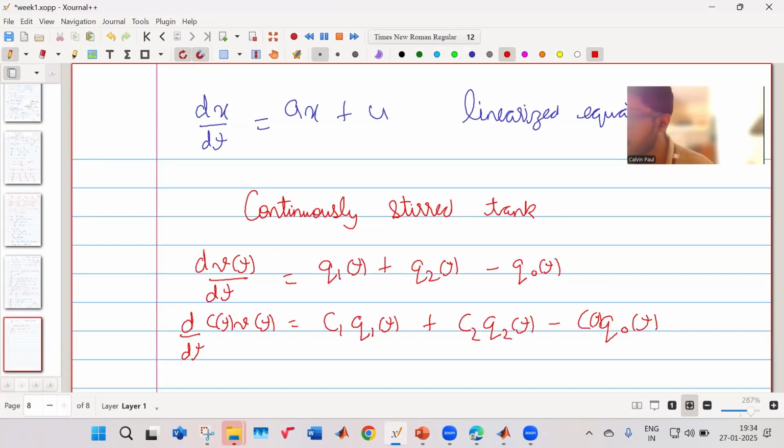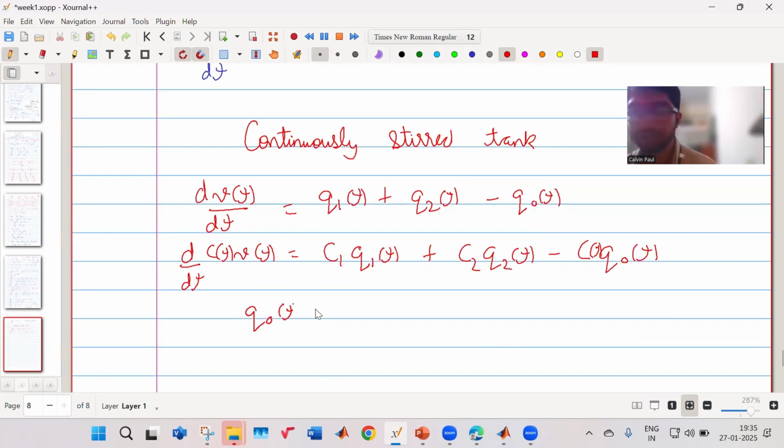Also we have Q0(t) given by this expression: mu into square root of h, so this is mu times square root of V(t) upon A. So these are the expressions.